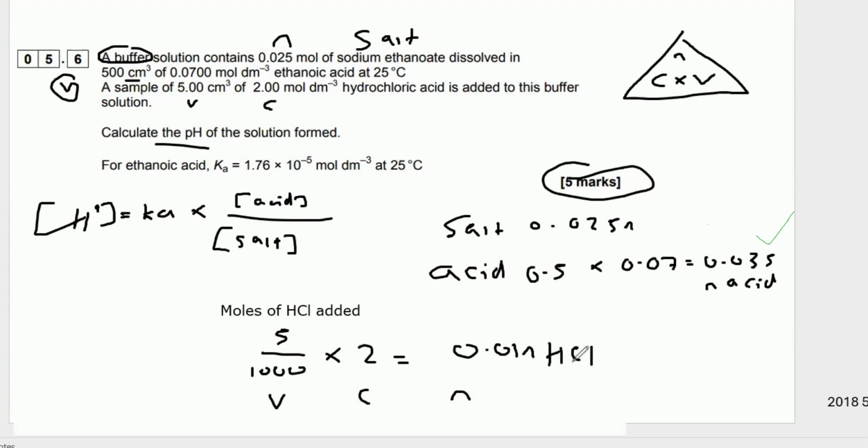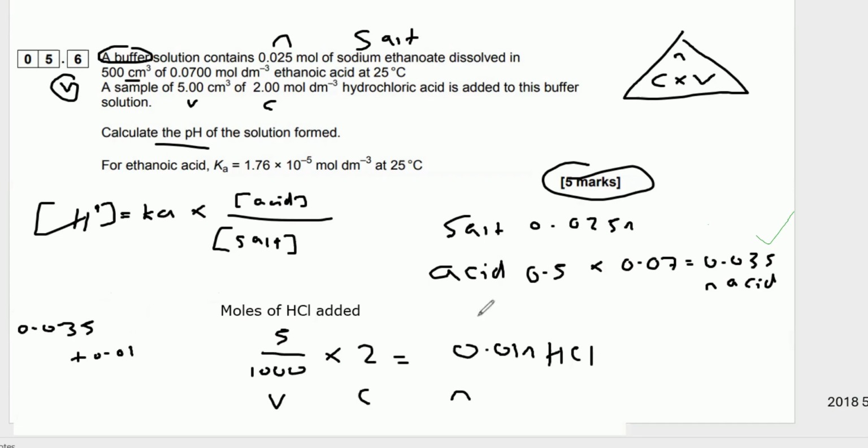So all you need to do here is the acid moles are going to go up because you've added acid, and the moles of the salt are going to decrease. What is it going to increase by? I need to do 0.035, which is my acid, plus 0.01.